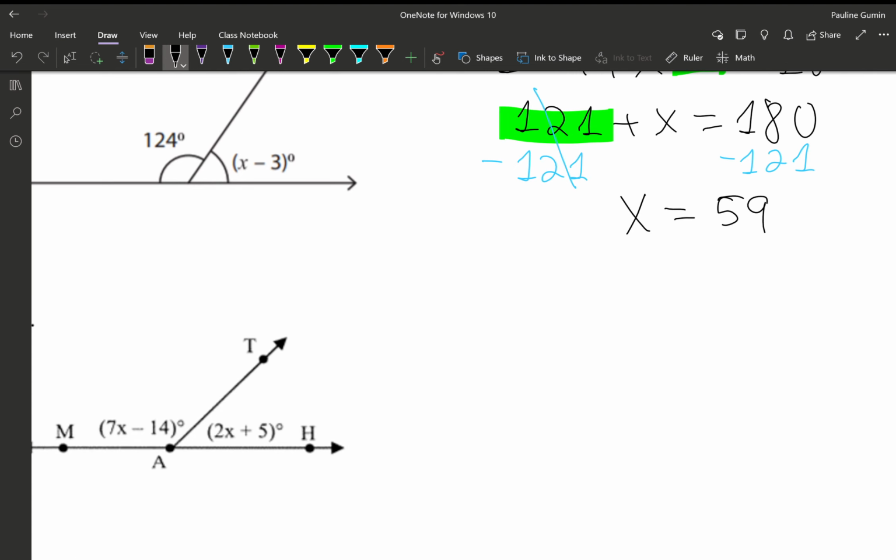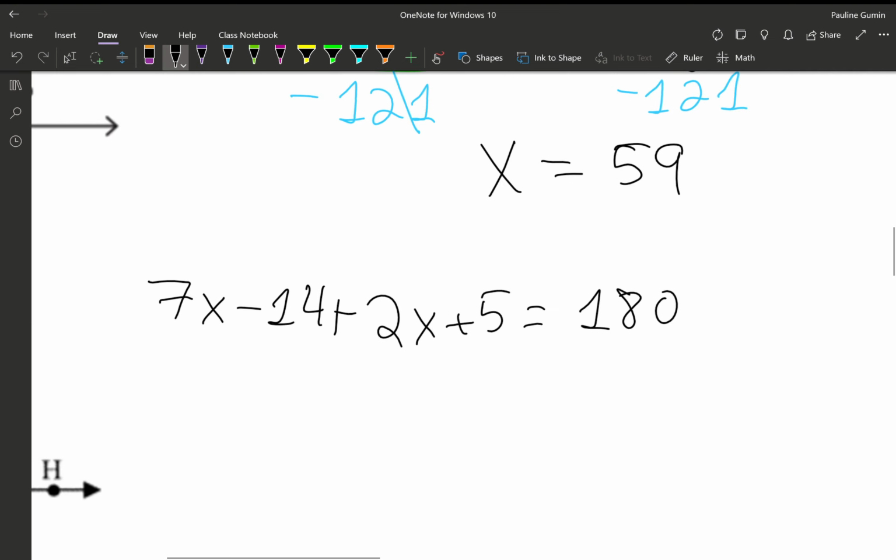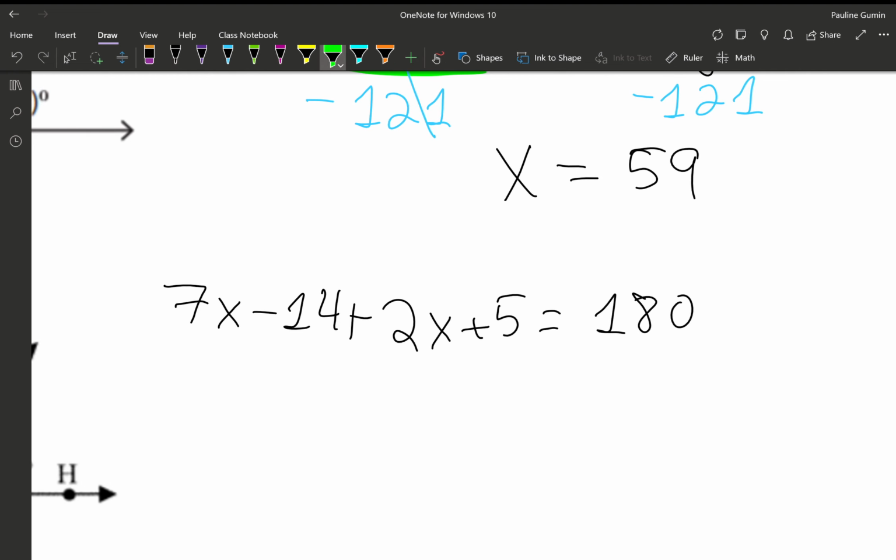Ooh, this is a crazy one. Look at all those terms. There's two terms on the left and on the right. That's fine. We're still going to add them together. We're still going to do the angle on the left, so 7x minus 14, plus the angle on the right, 2x plus 5, and they still equal 180. Now I see two pairs of like terms here.